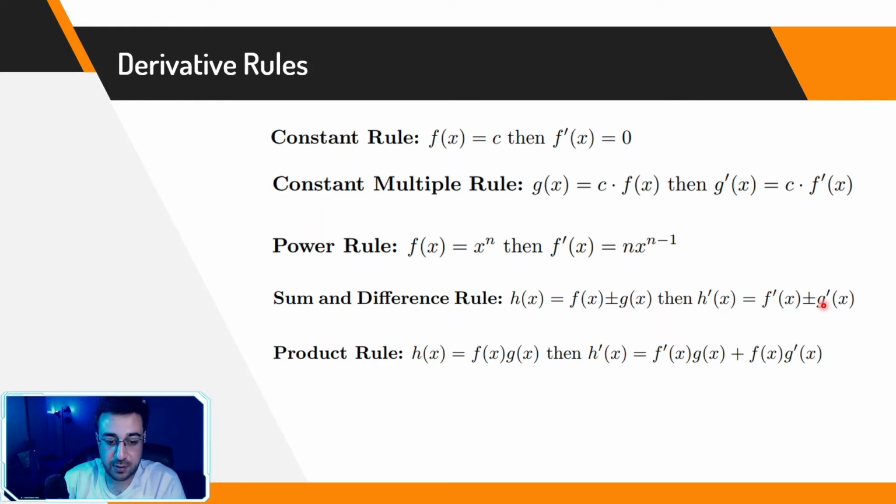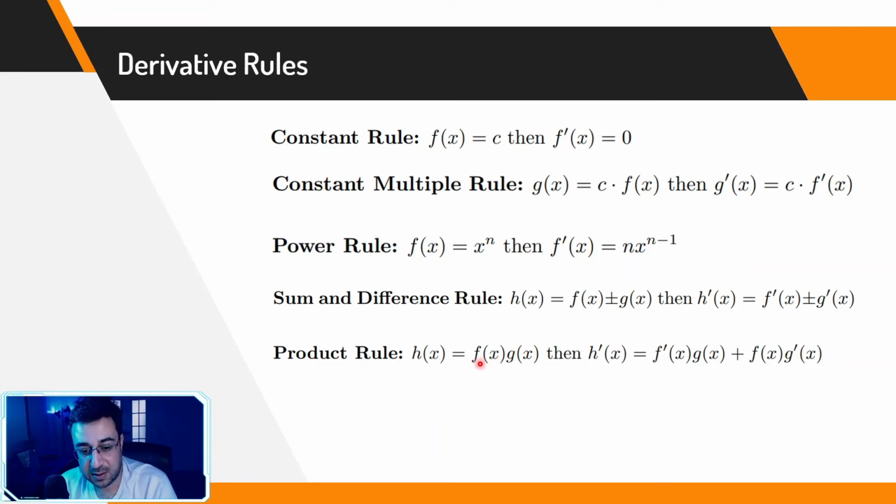The product rule. If you have h of x equal to two functions multiplied by each other, first function f of x, other function g of x, then h prime, or the derivative of the function h of x, equals the derivative of the first function, so you give it f prime of x, multiplied by the second function as it is without derivative, plus the derivative of the second function, which is g prime of x, multiplied by the first function without derivative.